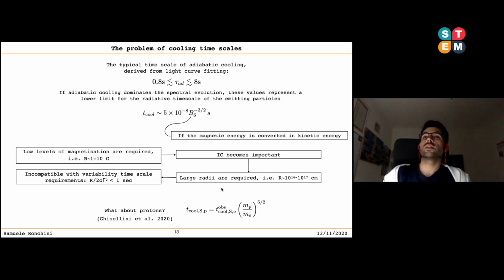So with this assumption, we are able to resolve this inconsistency, and this is quite an important result for the physics of gamma ray bursts.